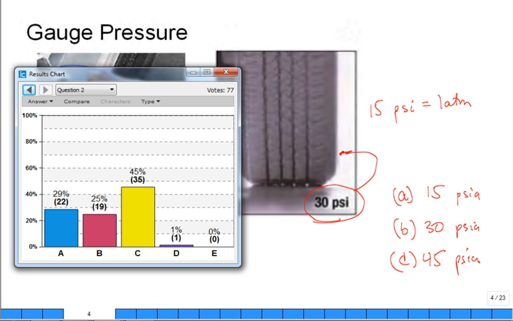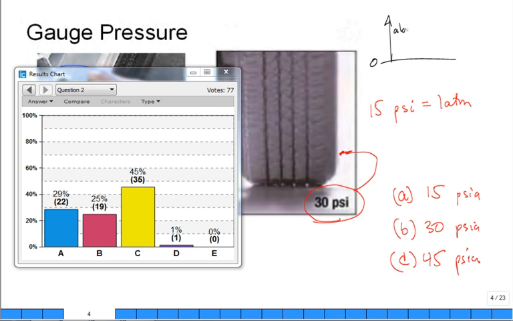What's the question? What is the absolute pressure of the air in the tire? It's 30 psi with respect to the gauge, because the gauge pushes out, and it says it's 30 psi in there. But that's a gauge pressure. And so the absolute pressure, think about that illustration we showed last time. We're measuring pressure from 0.